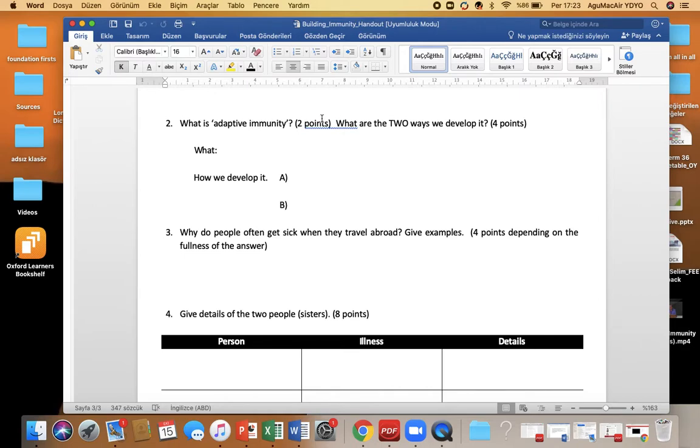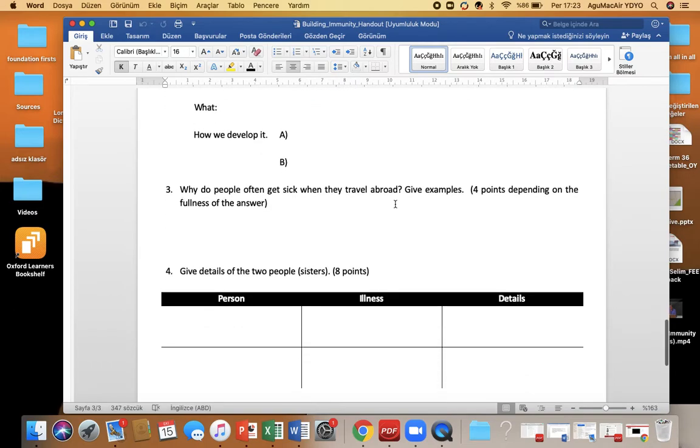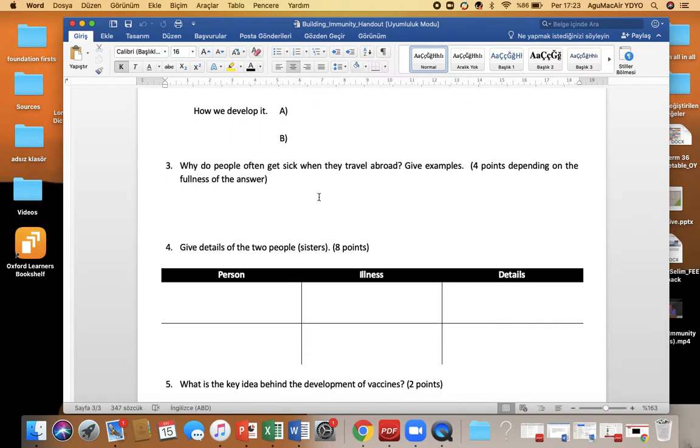It's 2 points. And another question related to this is, what are the 2 ways we develop it? It is 4 points, so 2 each, right? How we develop it. This is the one way, and the other way is here. And the third one is, why do people often get sick when they travel abroad, right? So you need to write the reason why people get sick when they travel abroad.